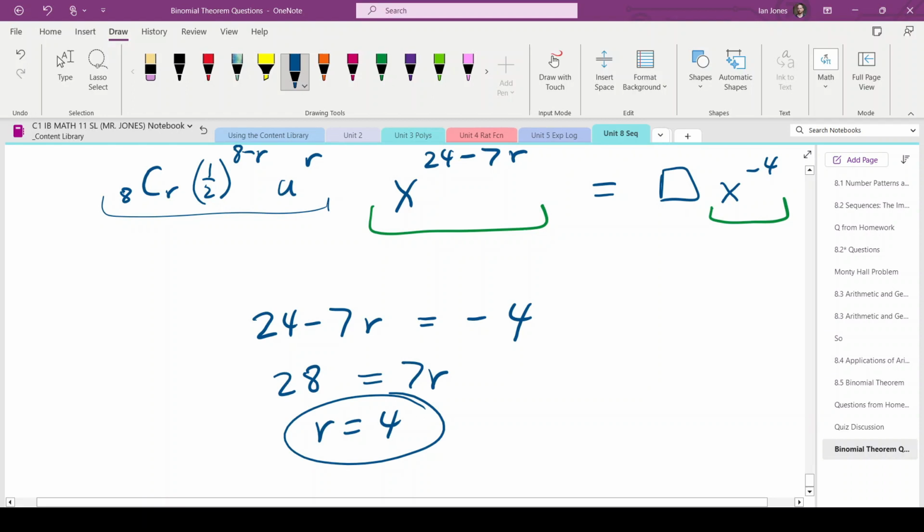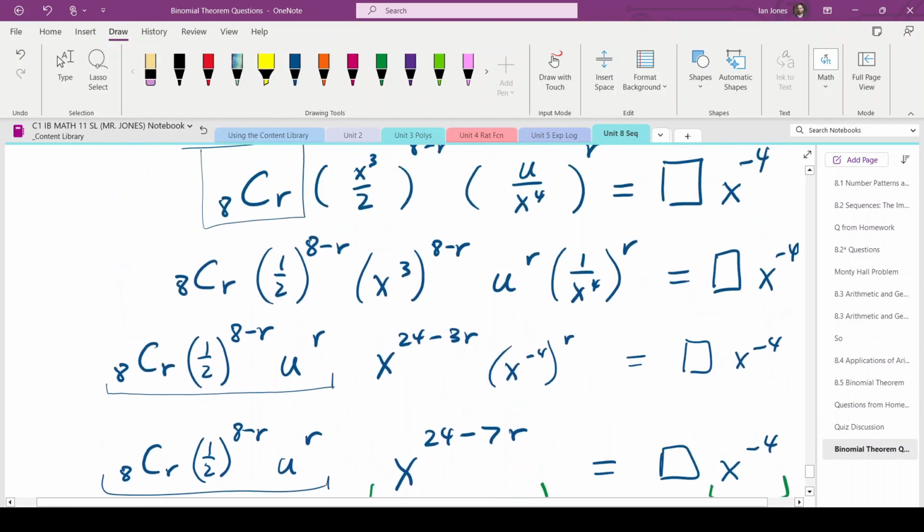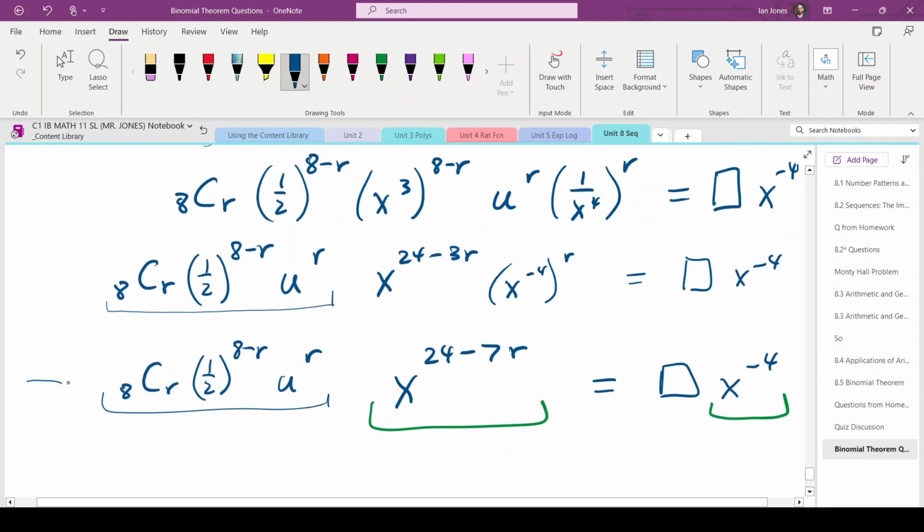Now that I have r equals 4, I know my term number is 5, because the term number is always one more than the value of r. Additionally, now that I know that r is 4, I can come back up here anywhere I want. I might actually come to this line here, substitute in the r, and figure out what my coefficient is.